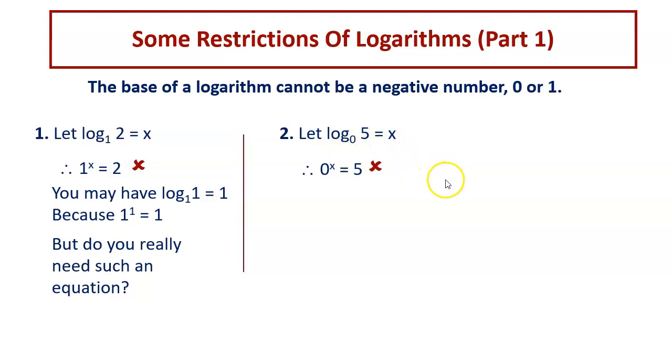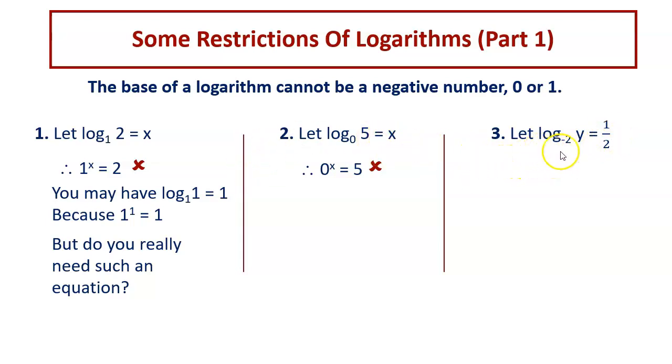Coming to the third case, a negative number as the base of a logarithm. Over here we have log y to the base of negative 2, and in this case I have taken a specific value of half, because I could have taken it as x like the previous two cases.